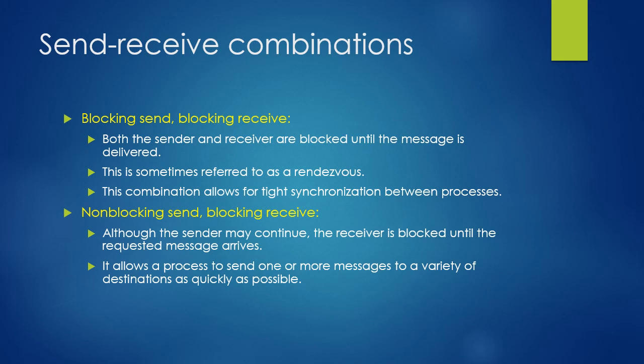A process that must receive a message before it can do useful work needs to be blocked until such a message arrives. An example is a server process that provides a data item to many clients. So the server sends this data in messages to all its clients and the clients wait for the message.